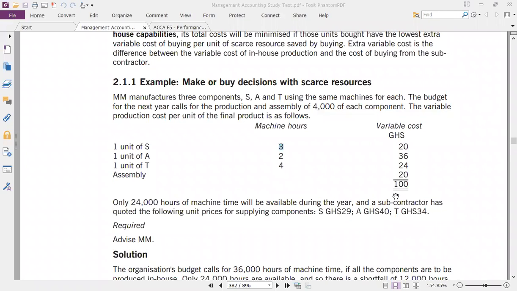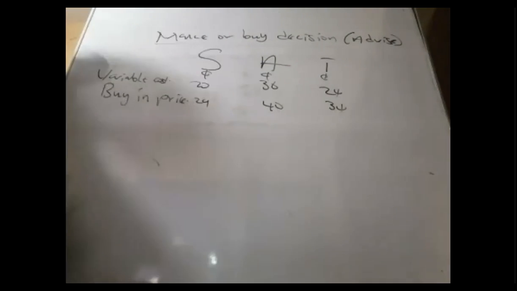So that's 29, 40, 34. You realize that in all instances, the variable cost of producing the goods is cheaper than buying them outside. So that means you have to produce all the goods in-house, but don't forget that there's a limiting factor.